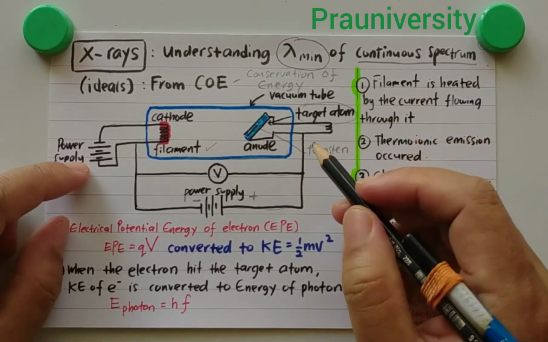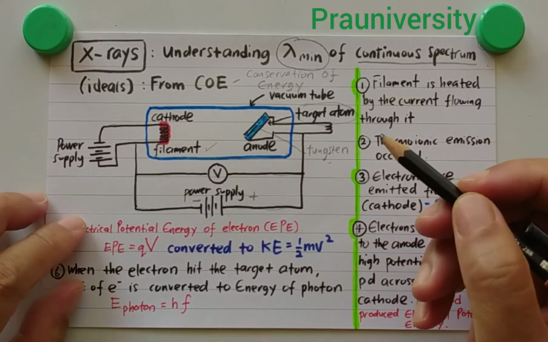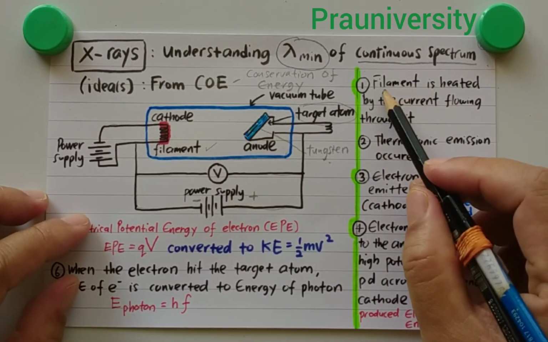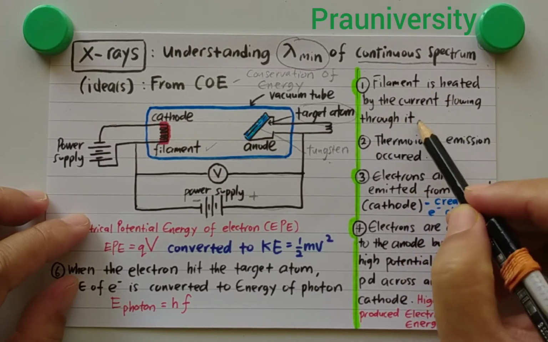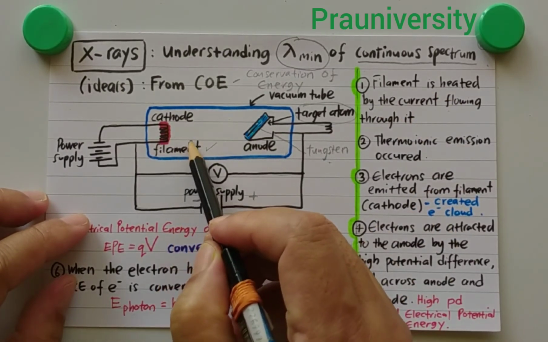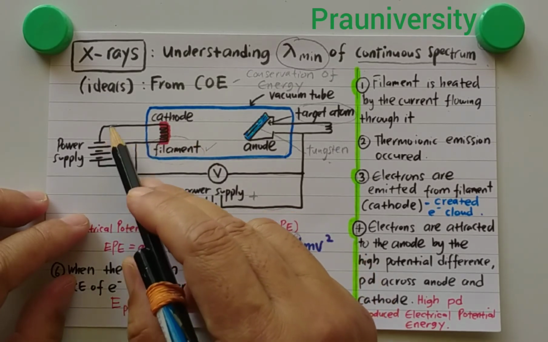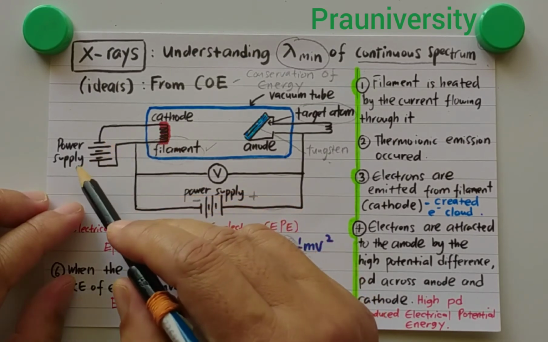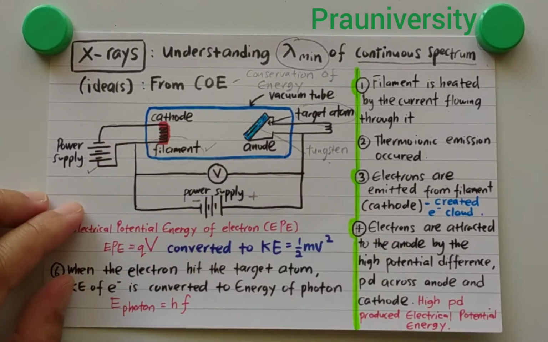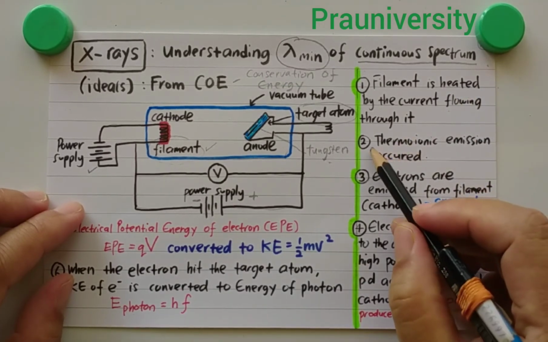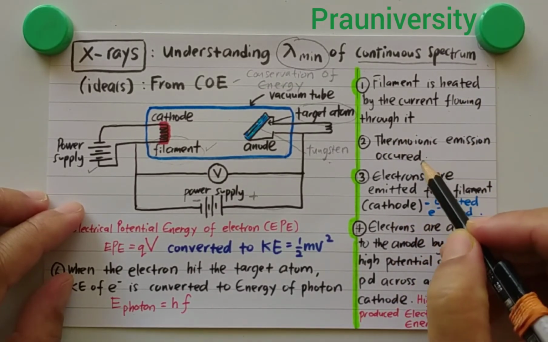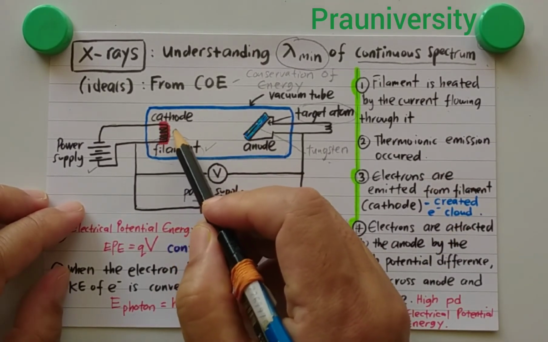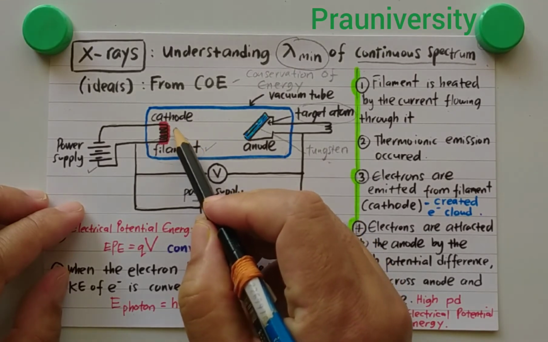Okay, so we continue. So the first one, the filament is heated by the current flowing through it, supplied by the power supply here. Okay, so and then what happened? Number 2, the thermionic emission occurs at the filament.